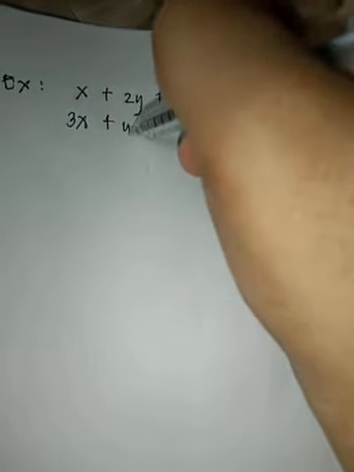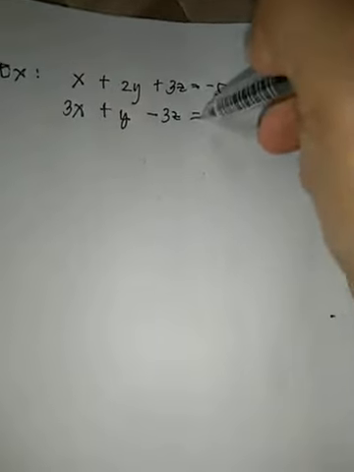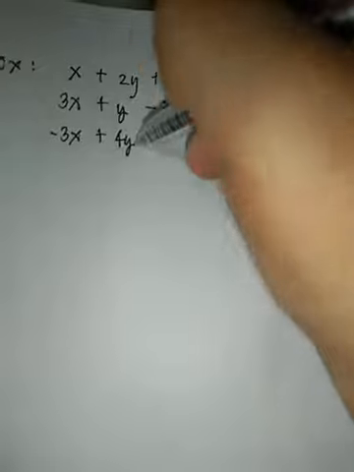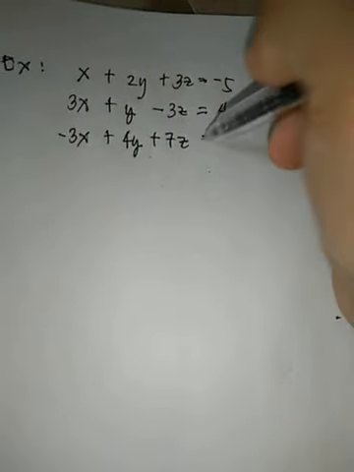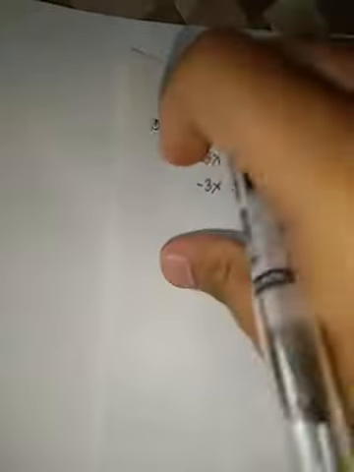If I give an example, since this is getting long, let's say practice at home. I'll give an example, and you solve it at home. Let's say we have x plus 2y plus 3z equals negative 5, 3x plus y minus 3z equals 4, negative 3x plus 4y plus 7z equals negative 7.